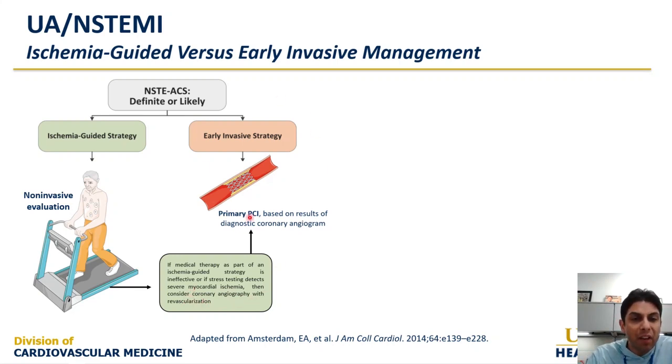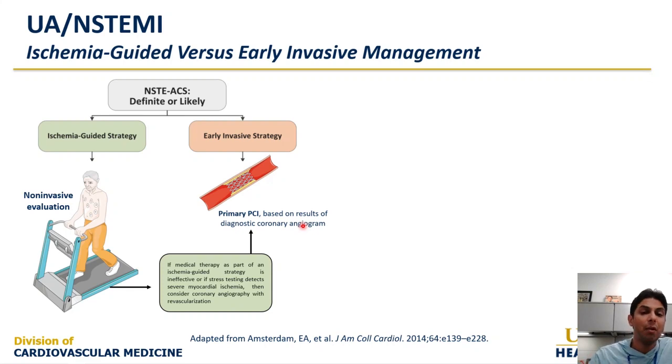And so that's this early invasive strategy where if patients fall onto the right side of the flow chart, we are really thinking about getting them to the cardiac catheterization laboratory promptly, where they're going to undergo a diagnostic coronary angiogram. We're going to determine whether there is a culprit lesion responsible for the unstable angina or non-ST elevation myocardial infarction.